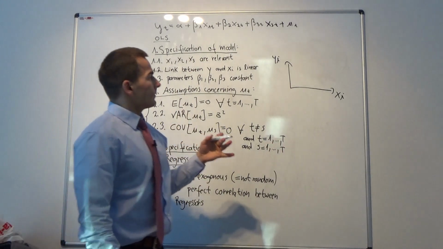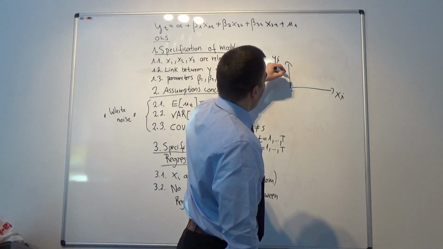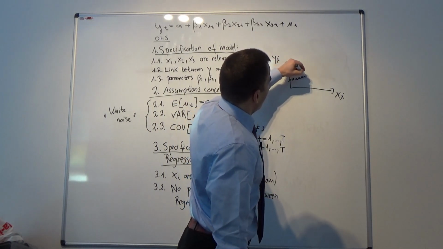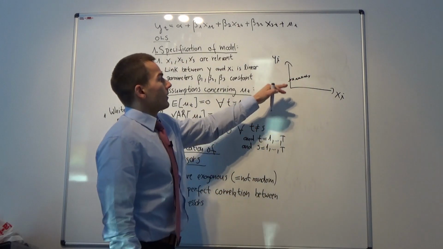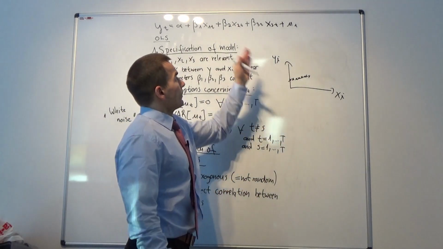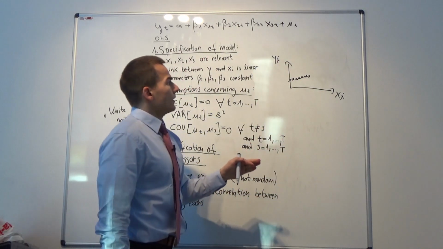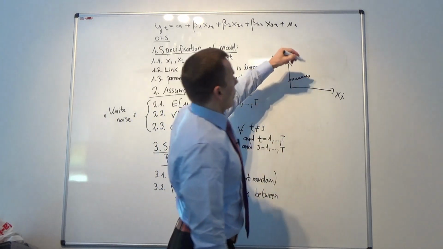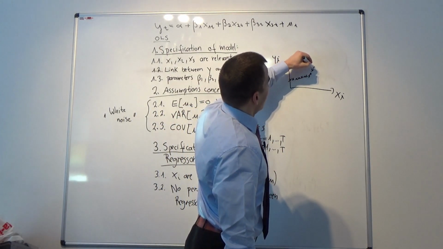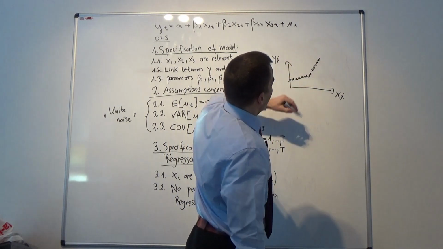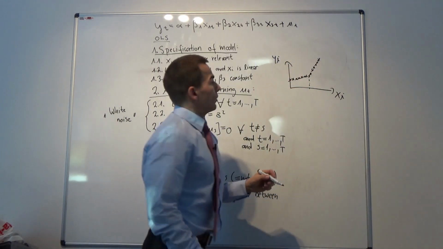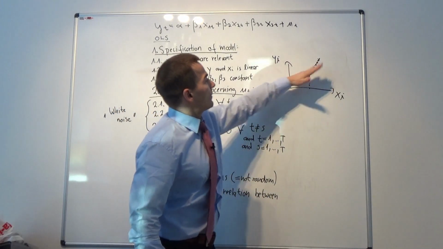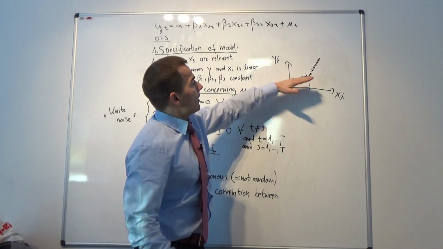What could happen is that if we plot one of these variables against yt, we first have this kind of link, and then all of a sudden, for these observations here, the link is different. So what we see here is obviously a break in the beta i.